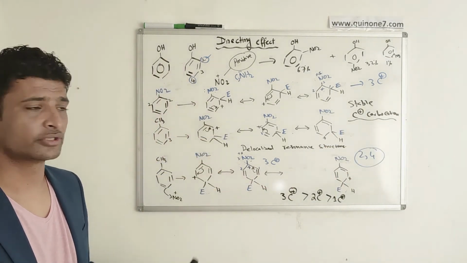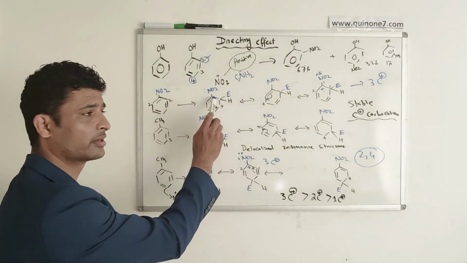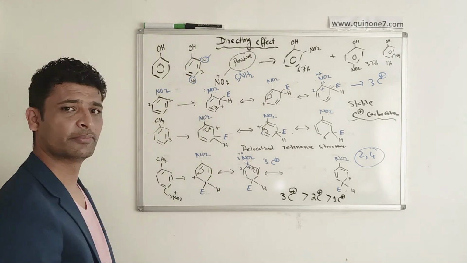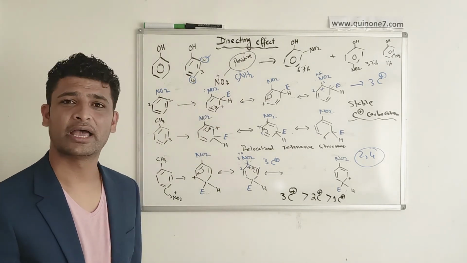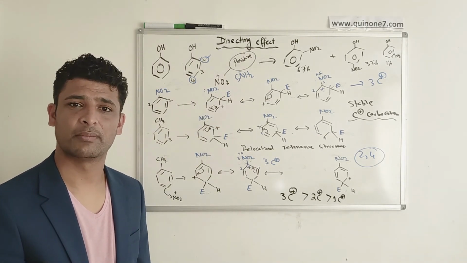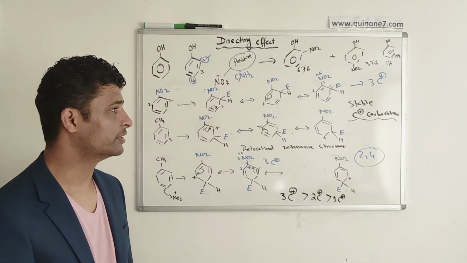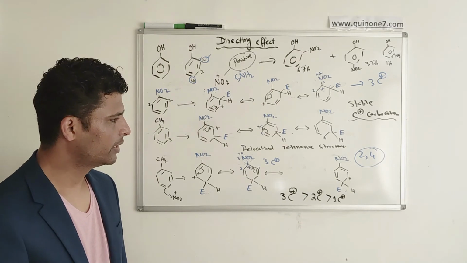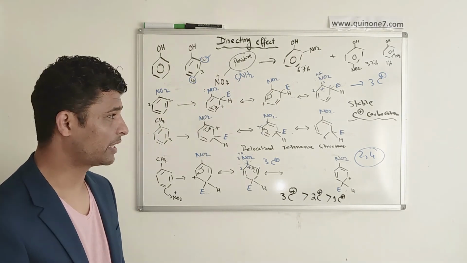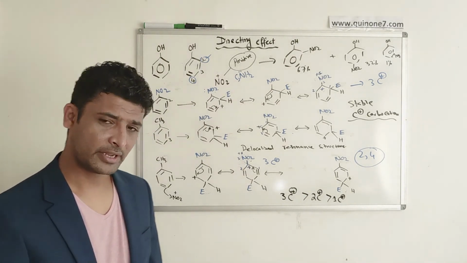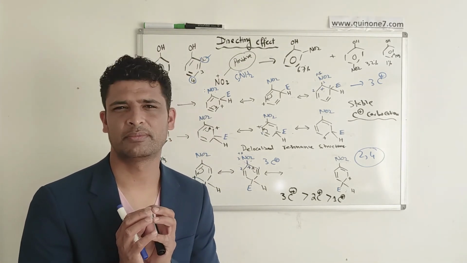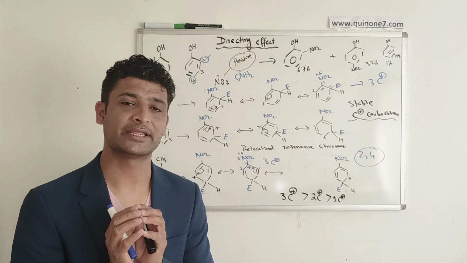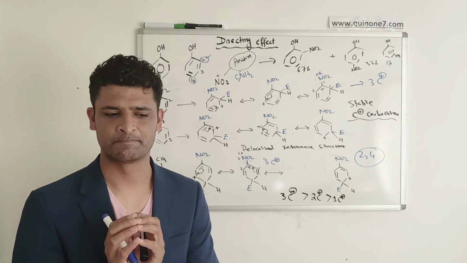Now, in this case, we do not have a CH3 group or carbon on the benzene ring, so we do not have any distinguished carbocation which can decide the major product. The third thing we can use: whenever you see two positive charges coming close to each other, that intermediate will be less stable.